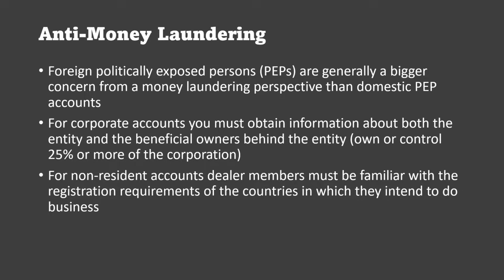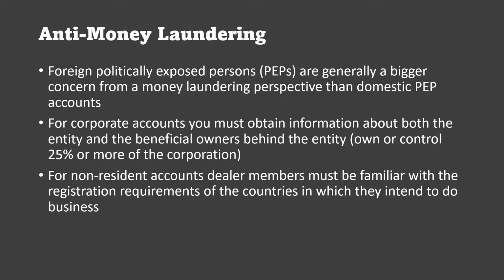Now, speaking about money laundering a little bit, there are certain things on the NAF and certain procedures that you do need to follow to ensure that the client or the person who is setting up an account is not trying to launder money.